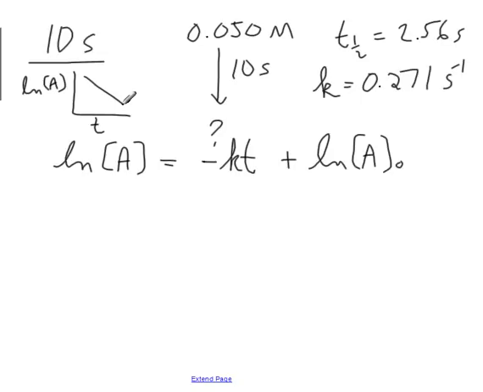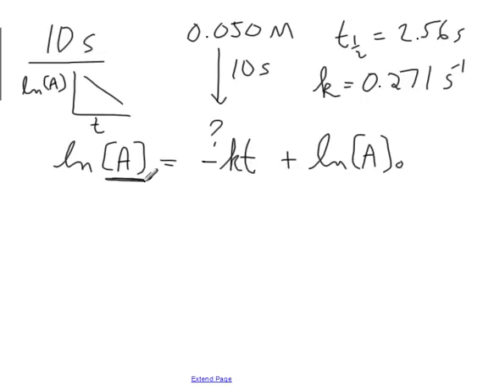What are we trying to find in this problem? I want to know what concentration will there be after 10 seconds. So which of the things in this equation am I looking for? The natural log of A? No, not the natural log of A. I want to know the A. This is what I'm looking for. Do we know the rate constant, k? Do we know how long it's taking? 10 seconds, right? Do we know, what does A0 mean?